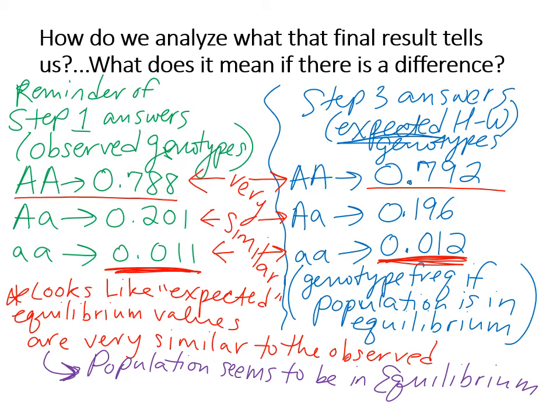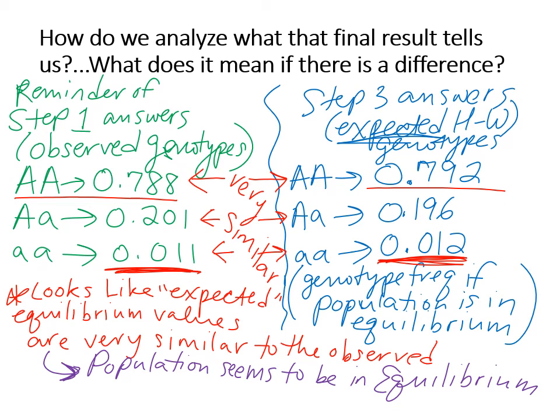If even one of them was not close to its expected, then what would we say? If there's a difference in any one of those three genotypes, you would say the population is likely not in equilibrium. So make sure to write that down. I don't have room on the screen anymore, but write that down. If even one of the genotypes is not close to its expected Hardy-Weinberg, you would say it is not in equilibrium.